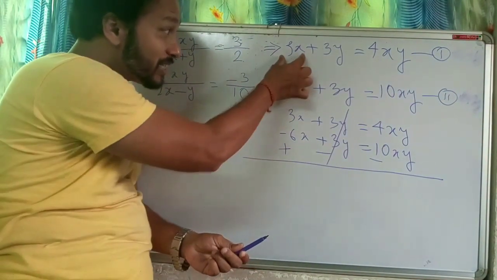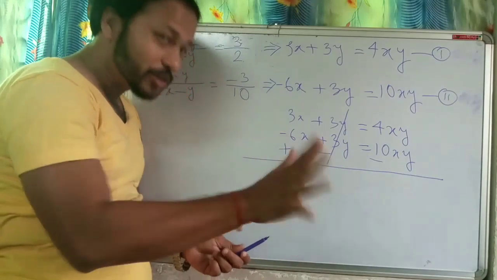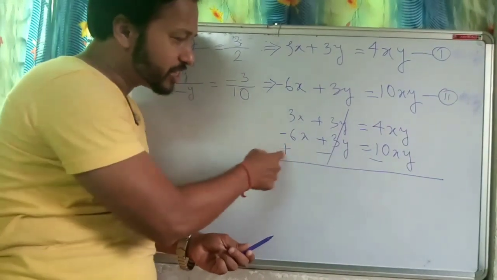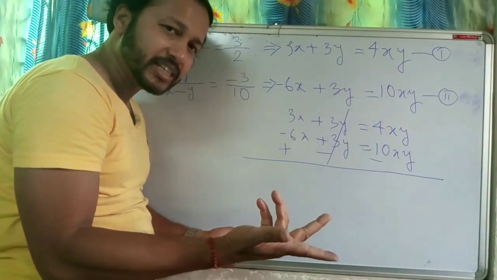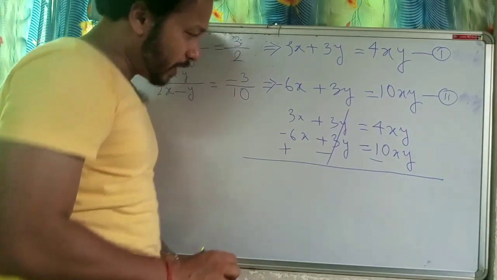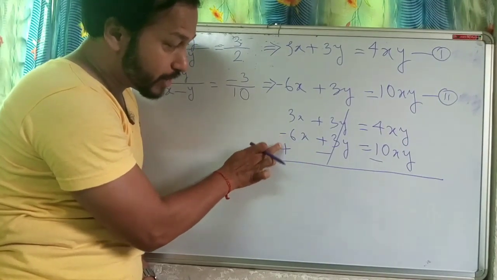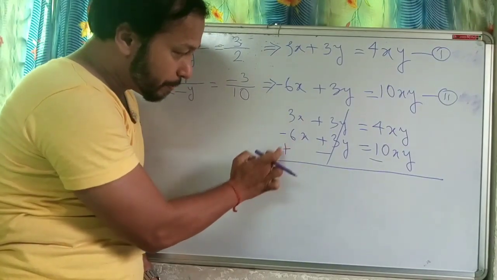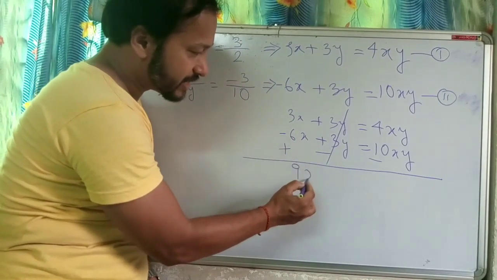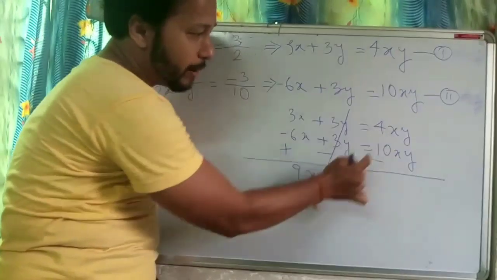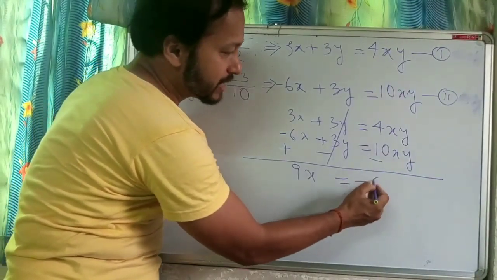Just go this way, change the sign, and the terms will get deducted. Now 3x plus 6x, not minus 6x, because we have changed it. 3x plus 6x, 9x equal to, this is cancelled, 4xy minus 10xy is minus 6xy.